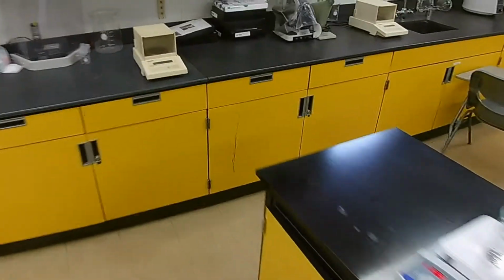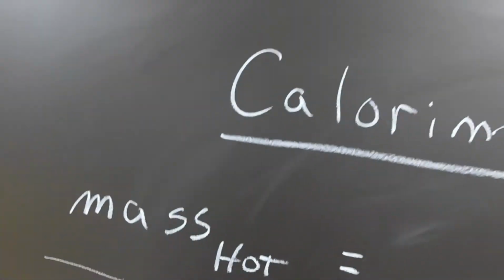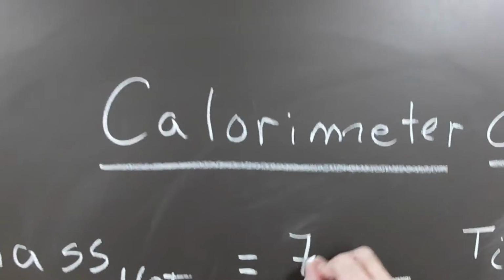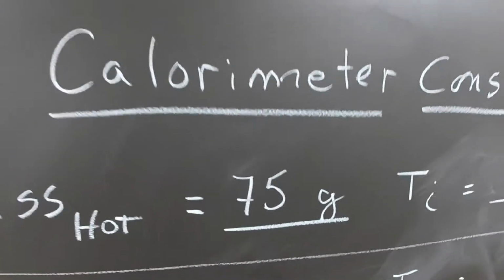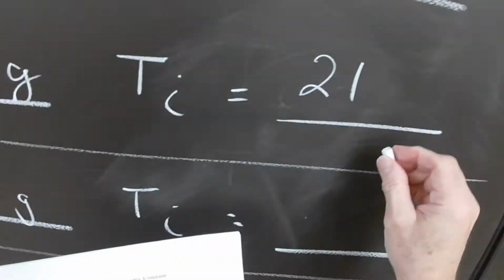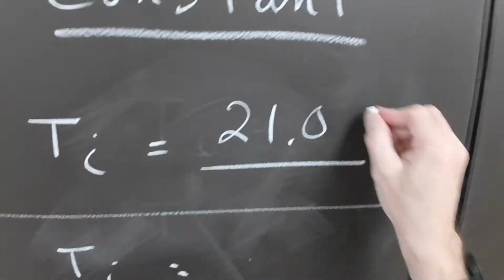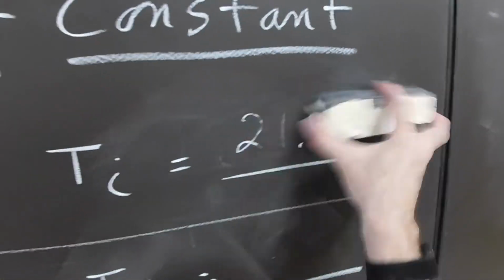So let's put this information on the board. What's the mass of the hot water? 75 milliliters of water is 75 grams. 75 milliliters of cold water is 75 grams. Temperature of the cold water, 21.0. Oh, I got that turned around. Excuse me.